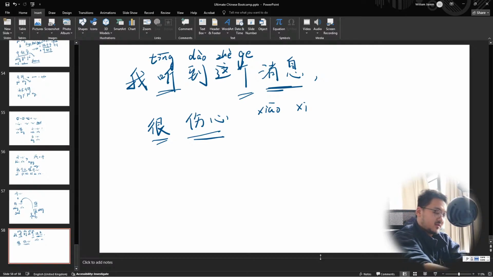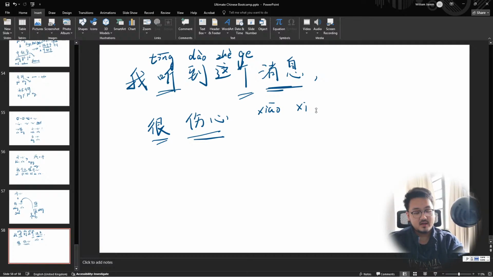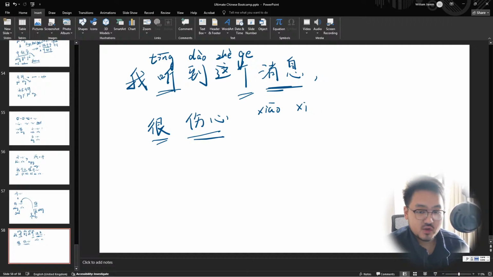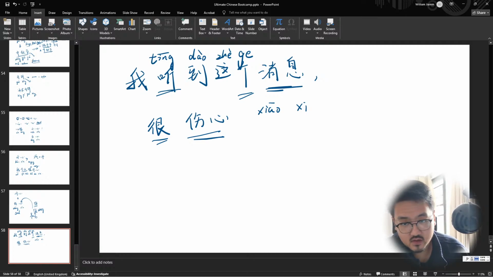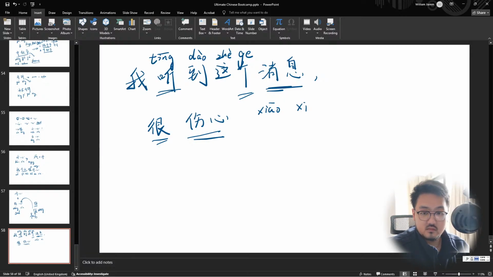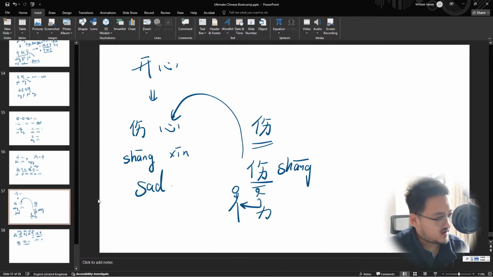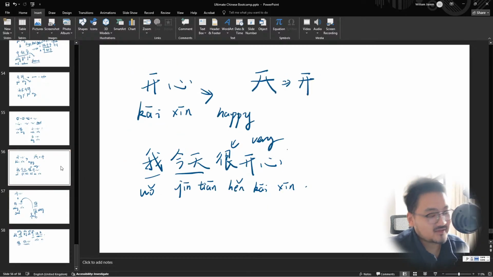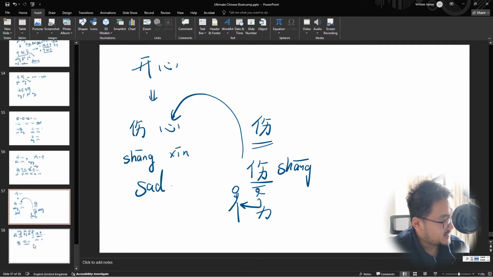By the way, sometimes I will give you examples that are beyond the HSK level 1, but it doesn't really matter. I just want you to know some of the usage. For example, you cross the road, you need to be careful, 过马路要小心啊. 等等你不要再伤我的心了, please don't hurt my heart. I'm so happy, 我今天很开心, okay?